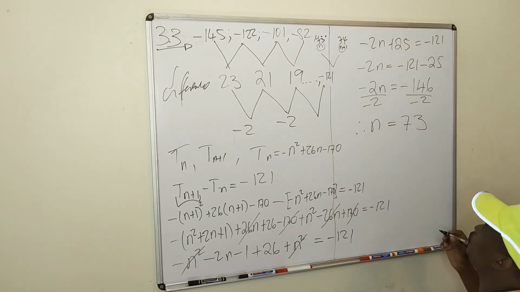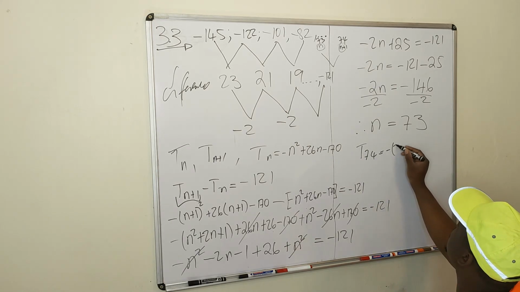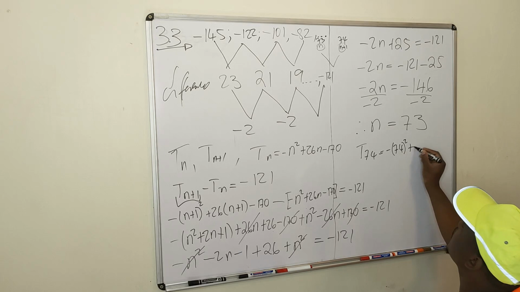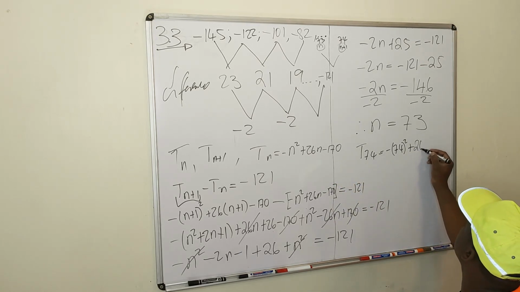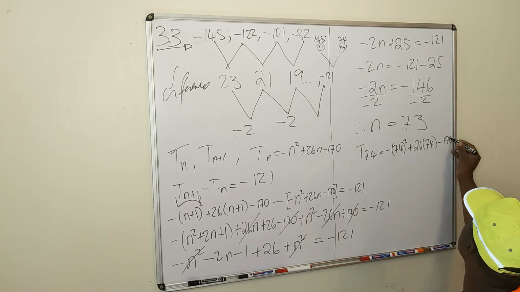So what is term 74? T74 is equal to negative 74 squared plus 26 times 74 minus 170.